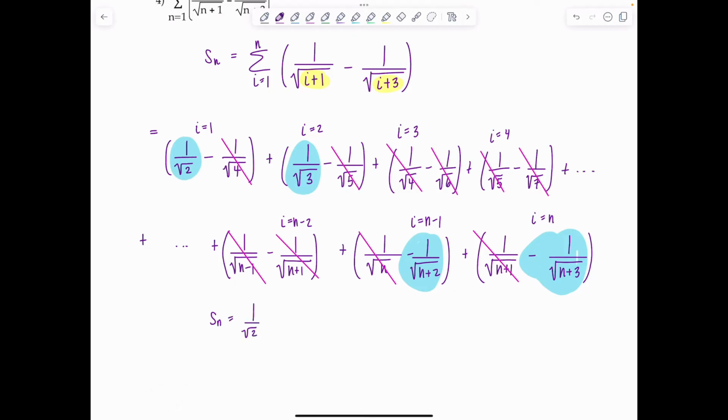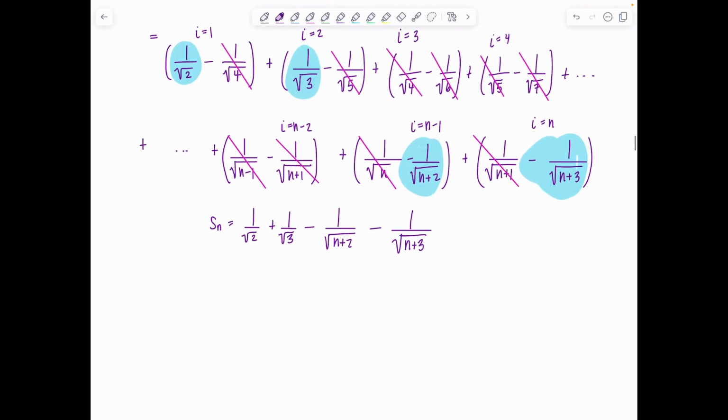1 over rad 2 plus 1 over rad 3 minus 1 over rad n plus 2 minus 1 over rad n plus 3. Now, what do we do with this? Well, we take the limit as n goes to infinity of S sub n, and we see where the terms go.